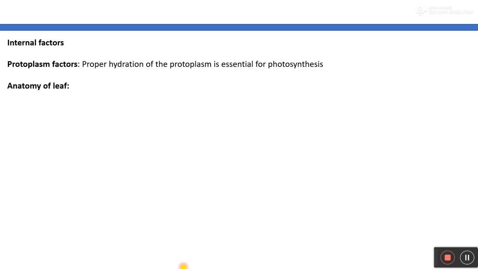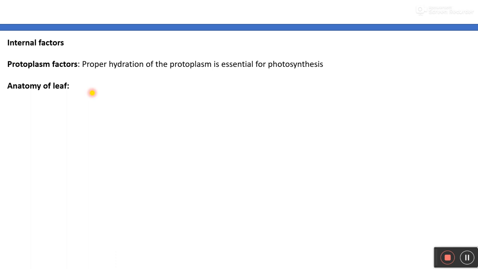A few internal factors in the plants also affect the rate of photosynthesis. That is the protoplasm factor. Here, proper hydration of protoplasm is essential for photosynthesis. Another internal factor is the anatomy of leaves. Different leaf anatomy also affects the rate of photosynthesis.